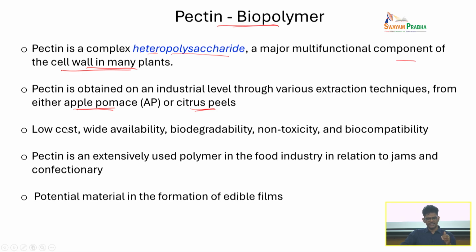Whereas pectin, on the other hand, can be obtained from food waste or fruit wastes. Okay, so therefore it is low cost and it's widely available from juice processing industries, and it's a natural polymer, so it is biodegradable, it is not toxic, it's compatible with biological systems, biocompatibility. So it ticks all the things that we want for a polymer to be: biodegradable, low cost, cheap.